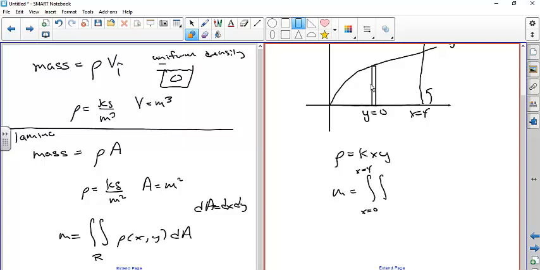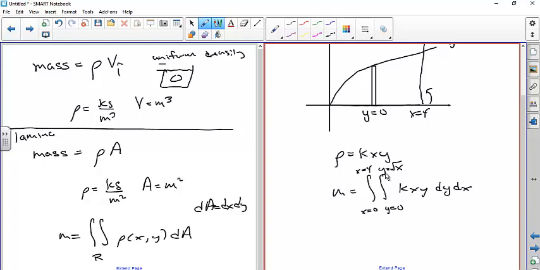The top and the bottom define the y limits. So we go from y equals 0 to y equals the square root of x. If we were just finding the area, we'd put dy dx, but we're trying to figure out the mass. So we put in kxy dy, and we're going to integrate with respect to y first, and then with respect to x.